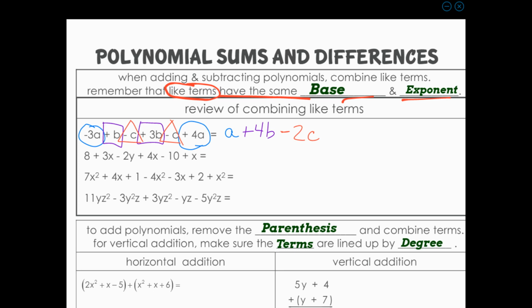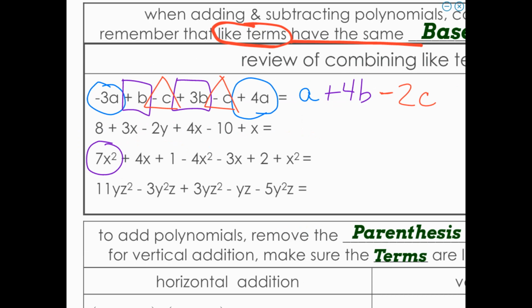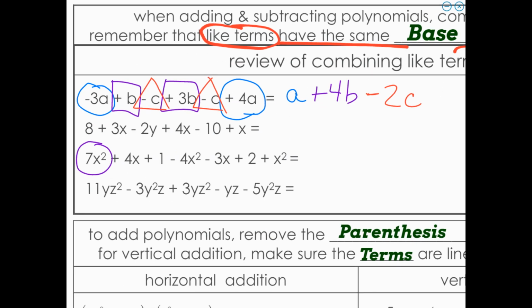So skip down to that third one. I've got 7x squared. Is everybody done filling in the blanks so I can zoom in a little bit? Okay. So 7x squared. Do I have another x squared term that I can combine to it? Okay, so negative 4x squared. And then x squared.